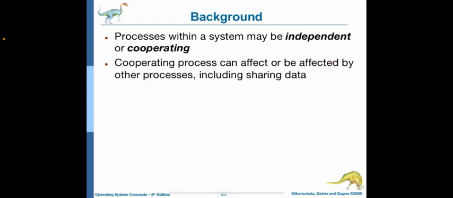So we can say that two different processes are cooperating if the execution of one process affects or is affected by the execution of another process, maybe because they share some common data, like updating a table or a common file. Whatever the reason, if two processes may be affected by each other, we call them cooperating processes. Otherwise, they are independent. Independent processes can execute simultaneously without any issues, right? But in a cooperating environment, there can be issues.